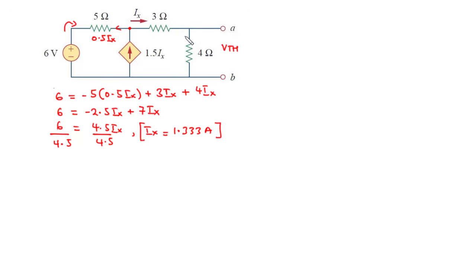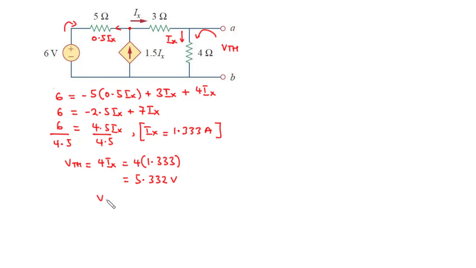Now remember that we have Ix flowing in this branch. To find Vth is nothing but the current flowing in this branch times the value of this resistor. So we are taking the anticlockwise direction. We have Vth equal to, notice that this direction and that direction are in the same line. So we have Vth equals 4 times Ix, and that is equal to 4 times 1.333, and if you multiply the two values, you have 5.332 volts.